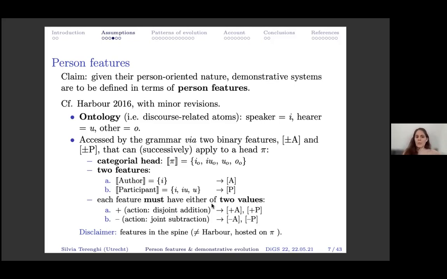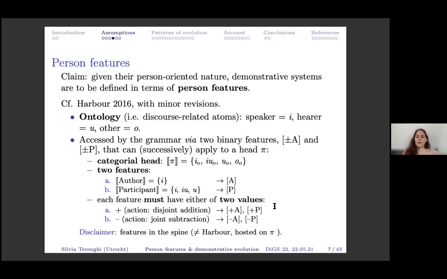And how do we talk about this? Well, the grammar accesses the ontology by means of two binary features that act on the syntactic locus for person, which is the head pi. The two features are author and participant, and they must each have either a plus value or a minus value.